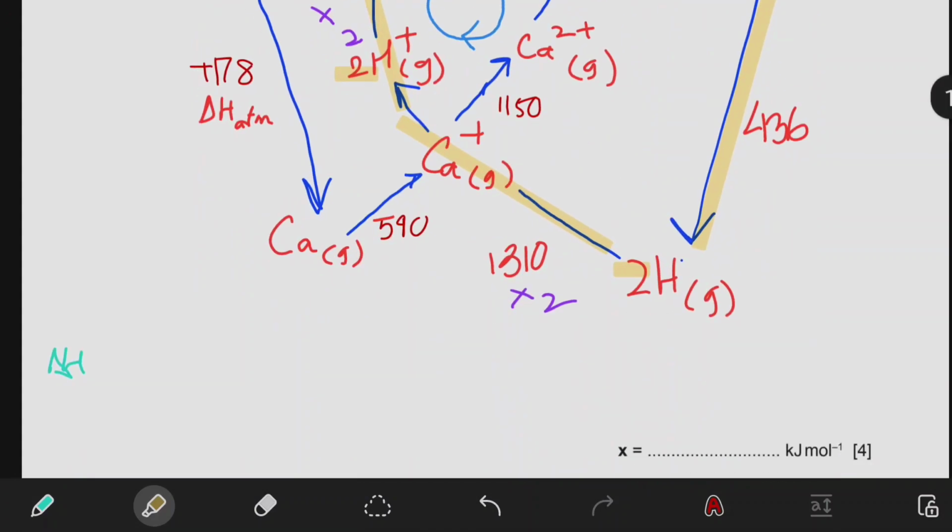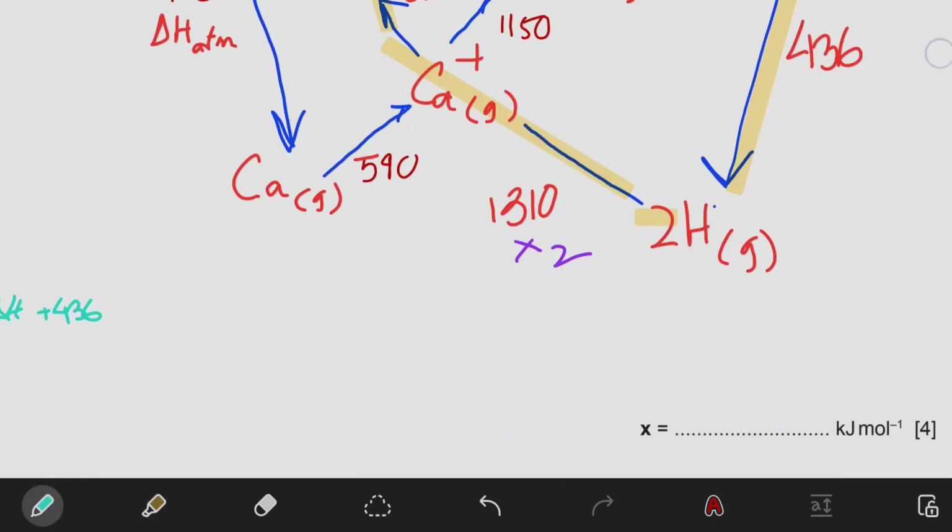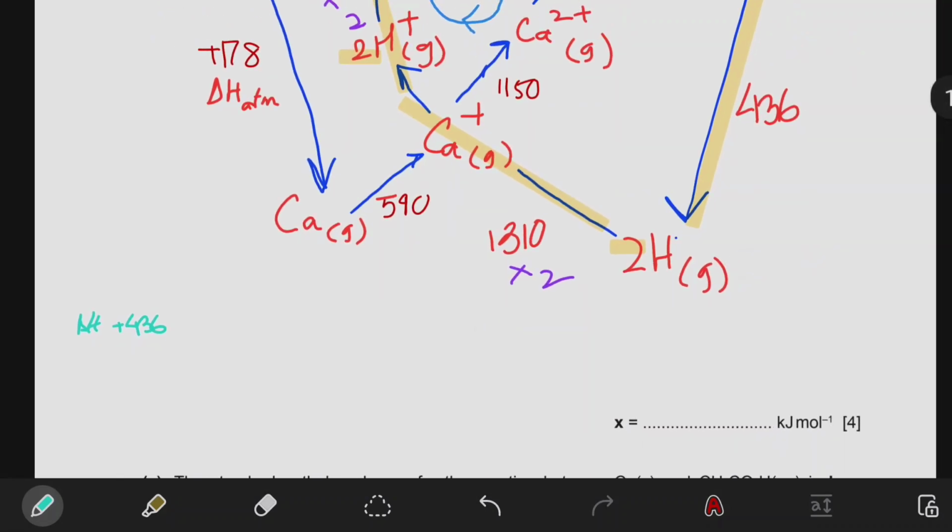So let's write that down. Plus 436, plus 2 into 1310, and plus 2 into negative 1090.